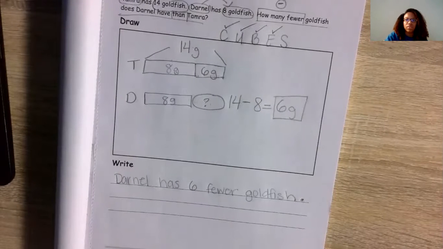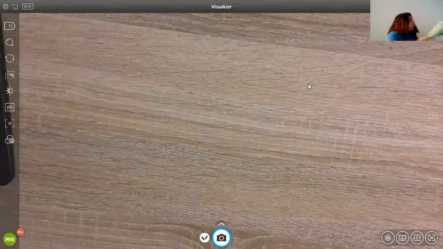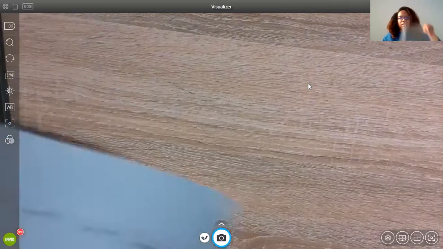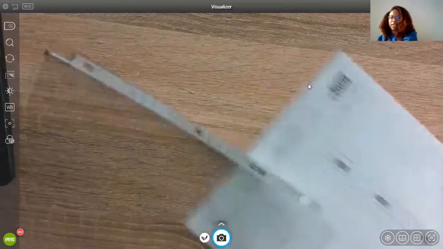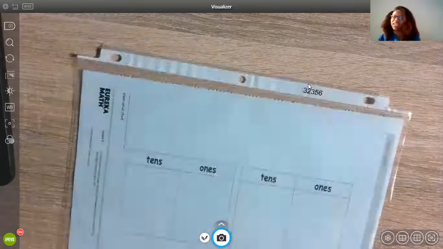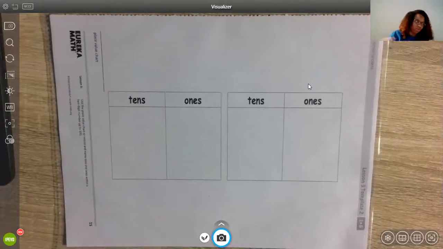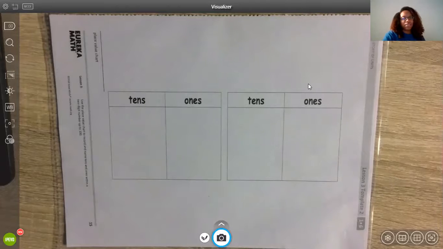So now we are going to get ready for our fluency practice. Now, remember, for those materials that you have, such as your template and your sheet protector, you can take that out if you have it. If you do not, that is a-okay. For this practice, I am going to give you a clue about a number that I am thinking of in my head.